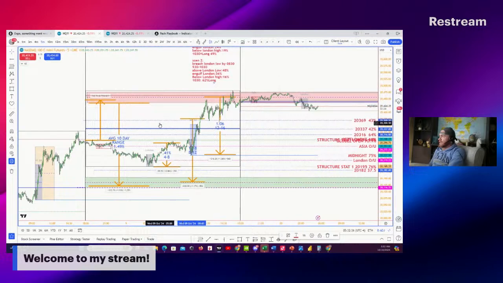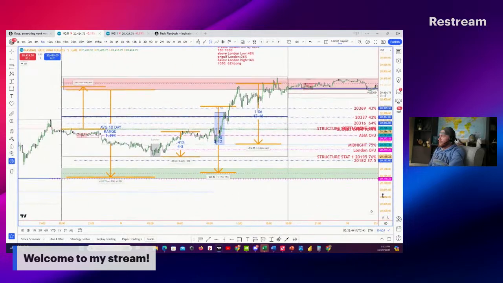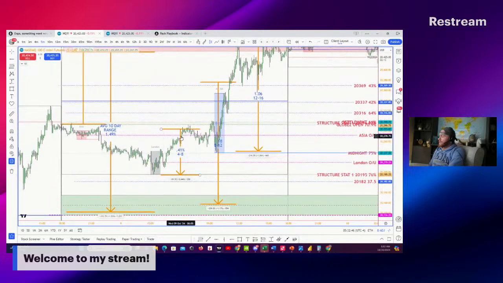But it's not like I'm over here trading, like right here we have the Asia OU, right? And it's not like we swipe down, we step above, we swipe down, we step above. Like it's not like I'm jumping on trades here.